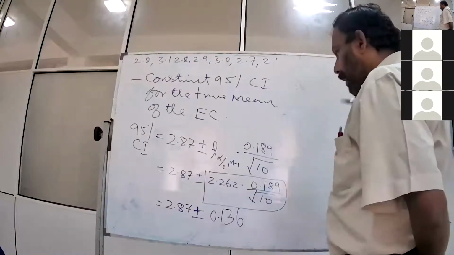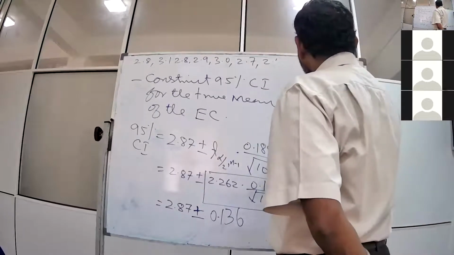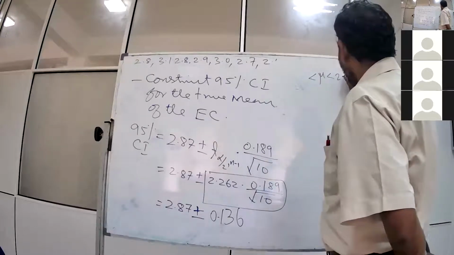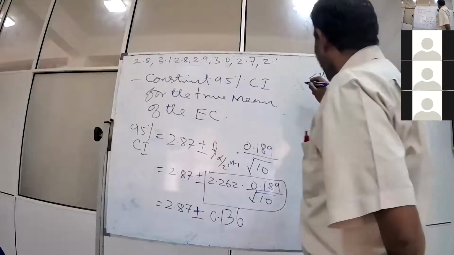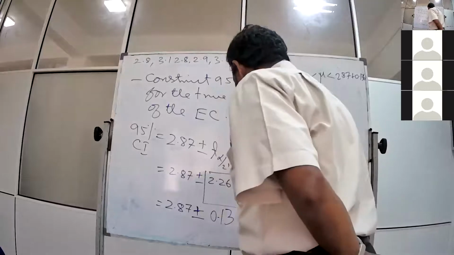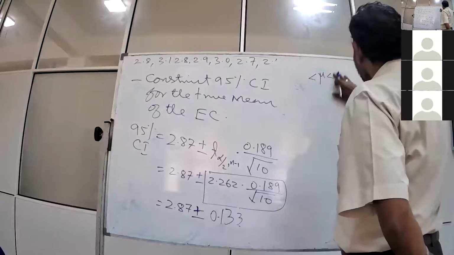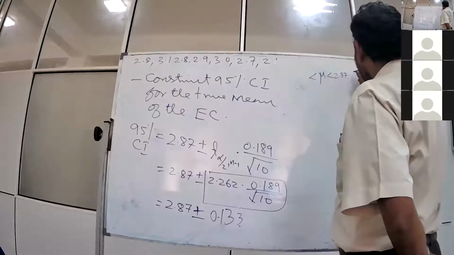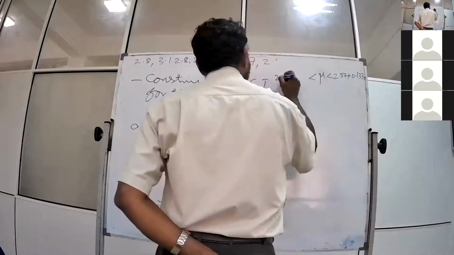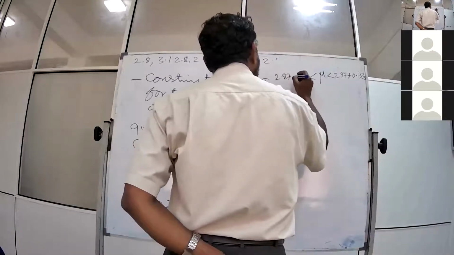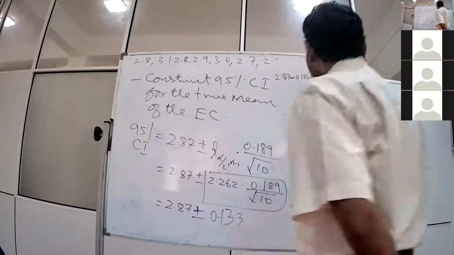Okay, 0.133. So that means the lower value and the upper value are in between. The upper value is 2.87 plus 0.133. The lower value will be 2.87 minus 0.133.